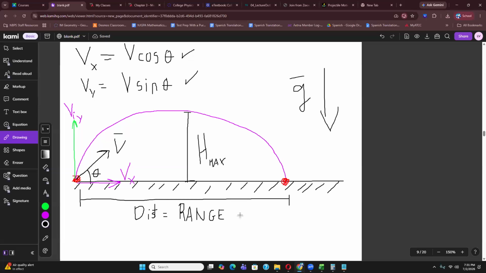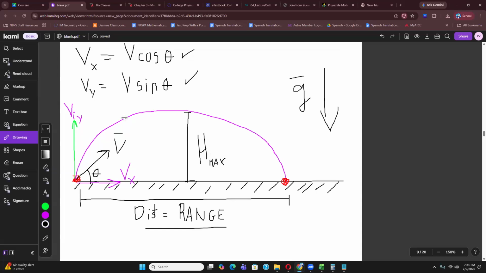Now, I already showed you that to find the range, you just use distance equals speed times time. However, the mass is going to go up and then down. There is a time the mass is in the air.